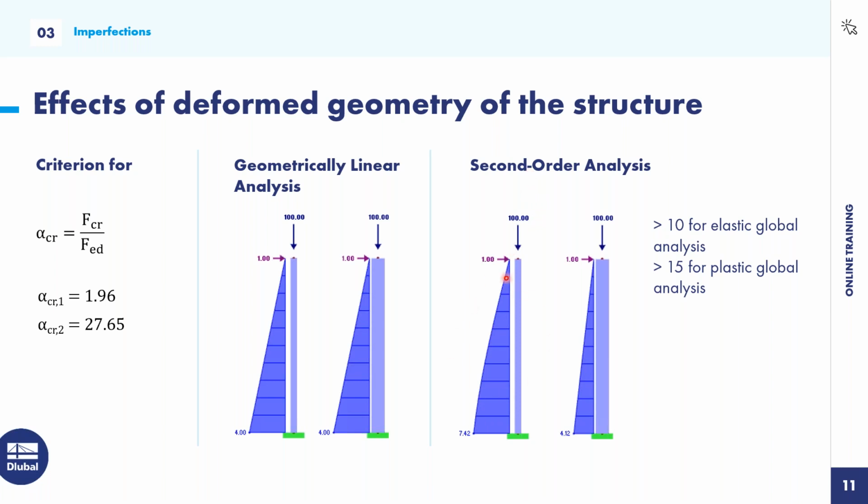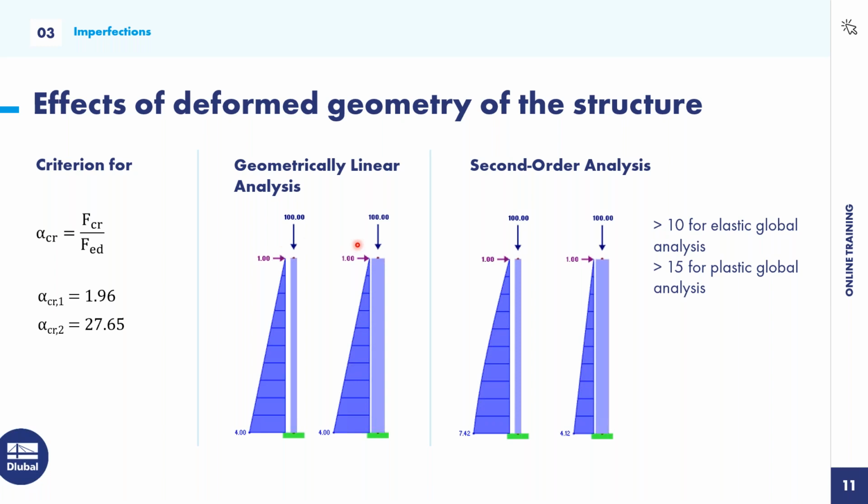And this is pretty important to know. And the critical load factor is the ratio between the critical load and the existing load affecting this building or this structural component.